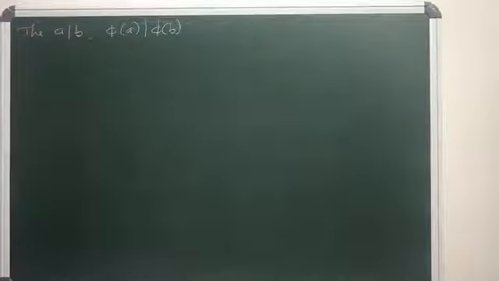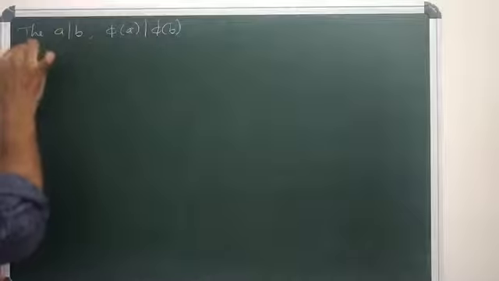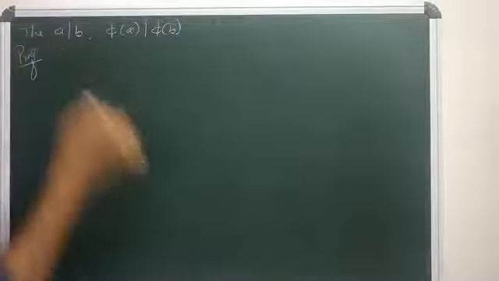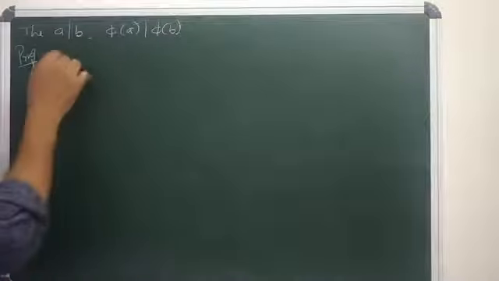That's an important result. It is true that for any A dividing B, where A and B are positive integers, phi of A divides phi of B. How to prove this result? The proof is in this way. This is done by induction.